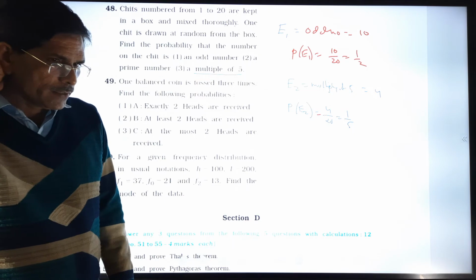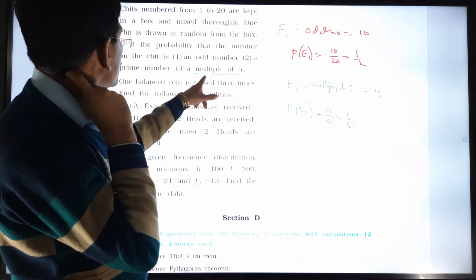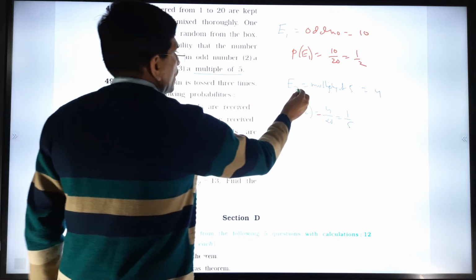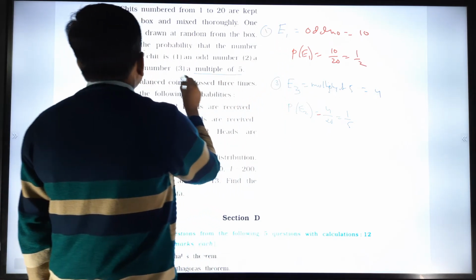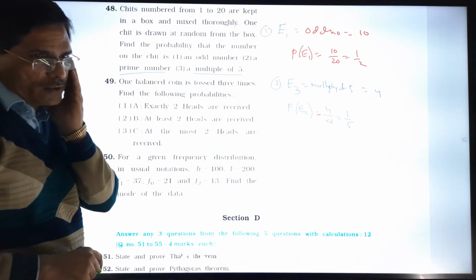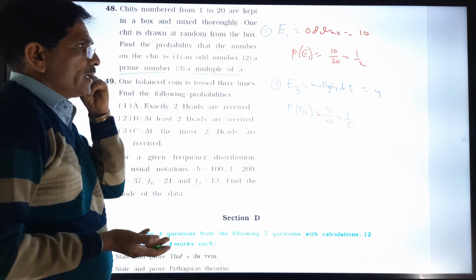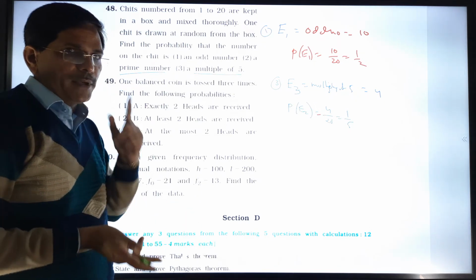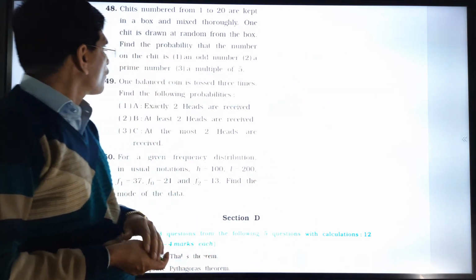Sorry, I am doing the third one. Prime numbers are also there. So now you can also find out how many prime numbers are there. Don't take 1 as a prime number.